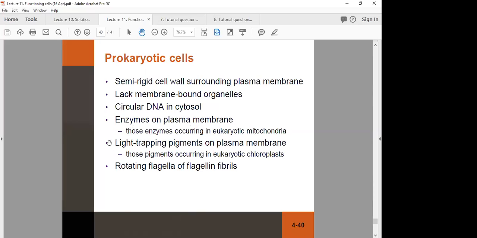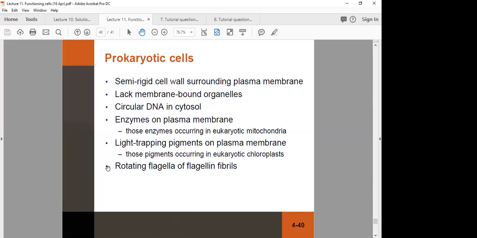Some prokaryotes can photosynthesize, just like plants and algae, but they don't contain organelles, which means they don't have chloroplasts. So those pigments involved in trapping energy from light are actually found on the plasma membrane.